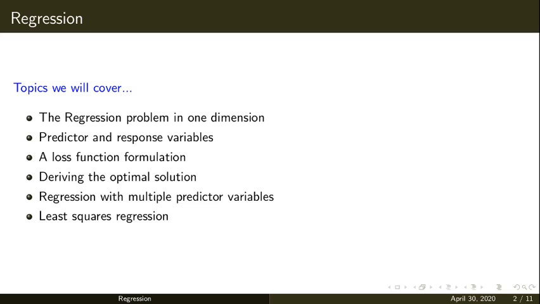As a next step, we will be trying to generalize this problem with multiple predictor variables, which will come to least square regression, and we will see the statistical interpretation of regression as well.